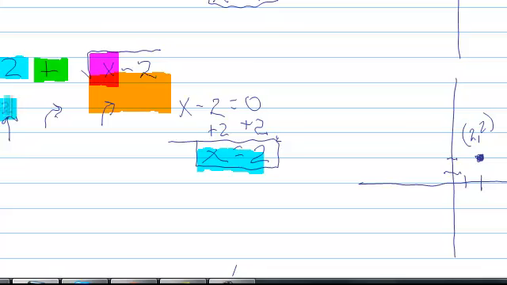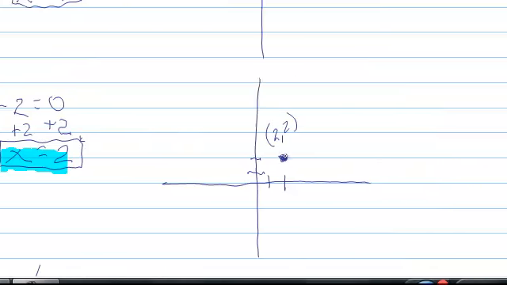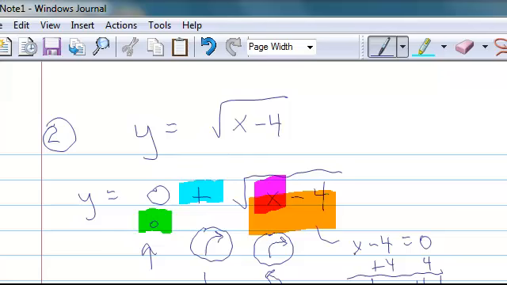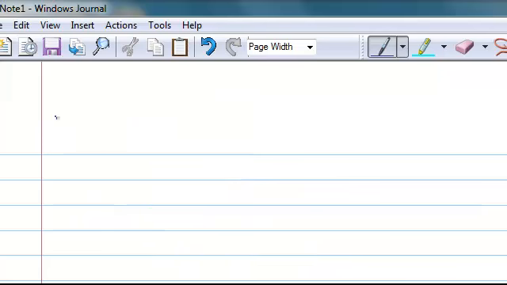So it shifted up 2 to the right 2. That's our starting point. It opens up, opens to the right. Go back, going to open up and to the right. Excellent. Hey, let's try the next one. And we'll have our first 4 problems done for practice 001.